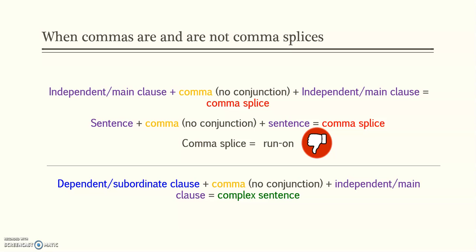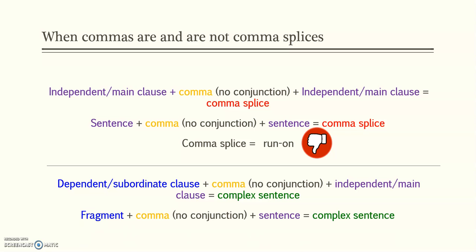You can, however, combine a dependent or subordinate clause plus a comma plus an independent or main clause to equal a complex sentence. An easier way to say this, fragment plus comma plus sentence equals complex sentence, and complex sentences make good writing.